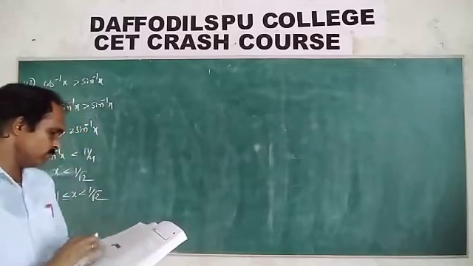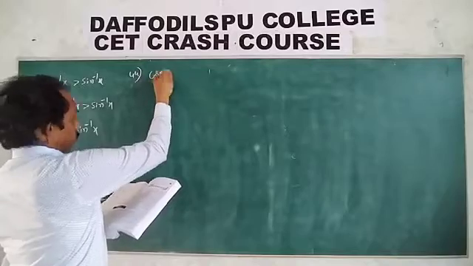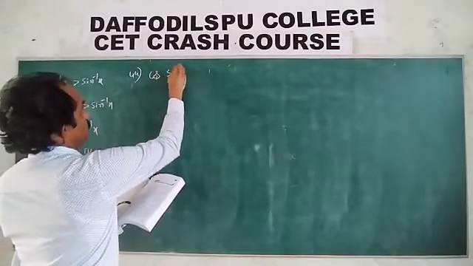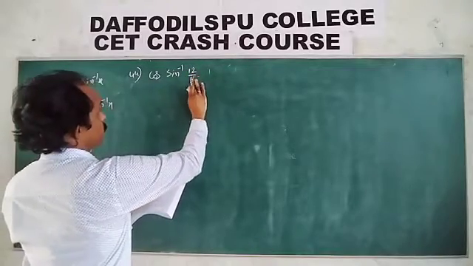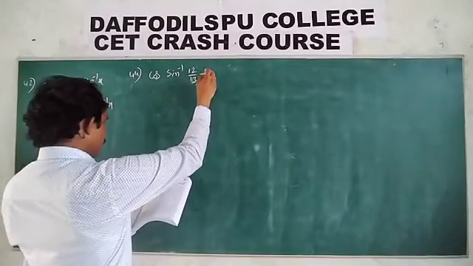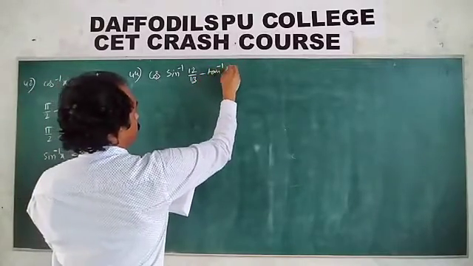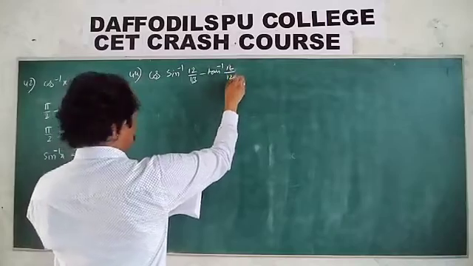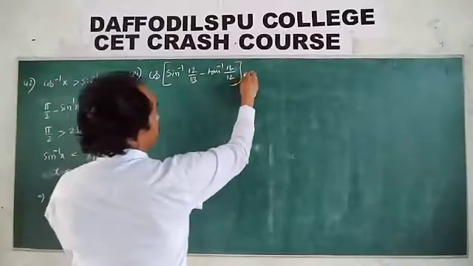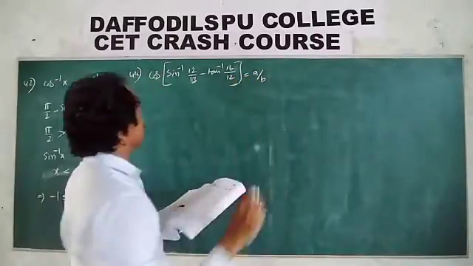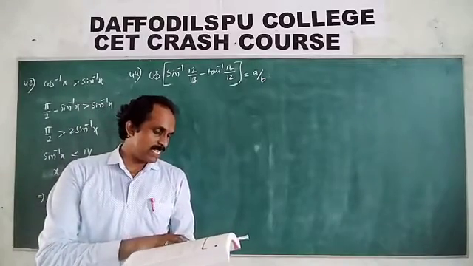Next, 44. Cos of sin inverse 12 by 13 minus tan inverse 16 by 12 is equal to a by b, where a and b are positive co-prime integers.